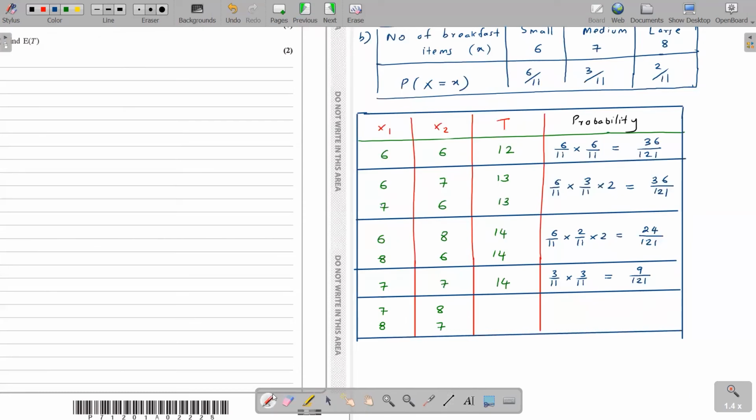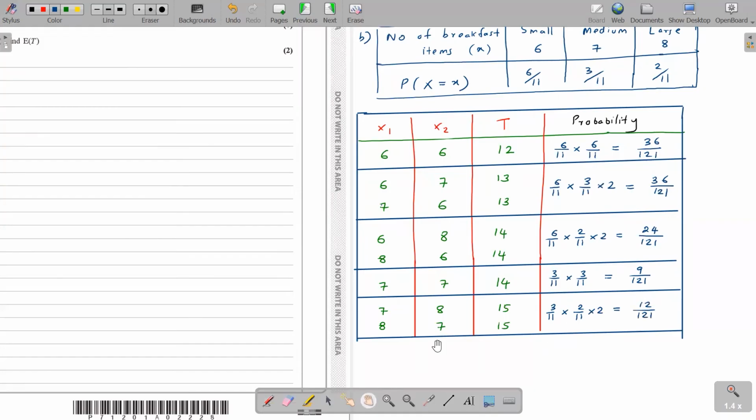So what do we get here? The total of 8 and 7 is 15. Can I know the probability? 7 is 3 over 11 into 8 is 2 over 11. And how many? 2, which gives me 12 over 121.